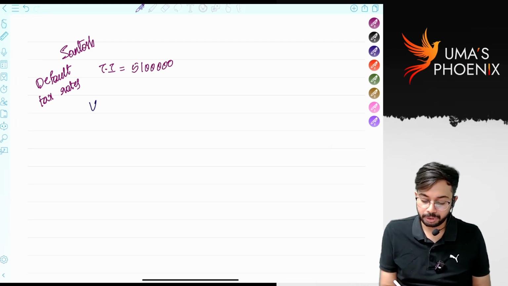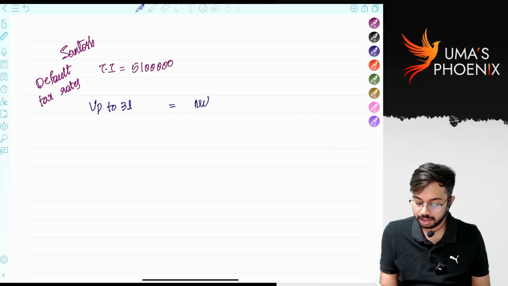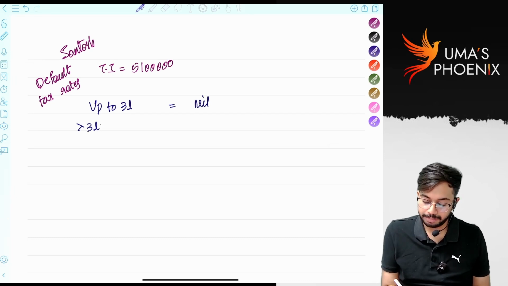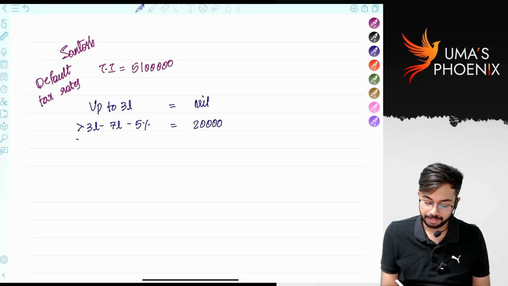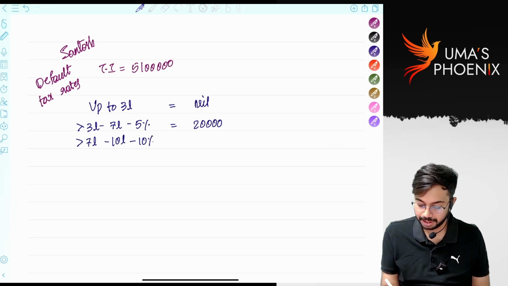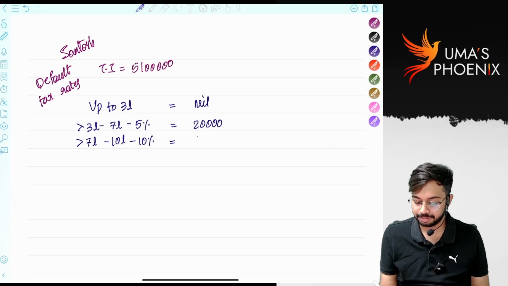Up to 3 lakhs, tax amount is nil, correct? Greater than 3 lakhs up to 7 lakh, tax rate is 5%, tax amount is 20,000. Greater than 7 lakh up to 10 lakh, tax rate is 10%, tax amount is 30,000.